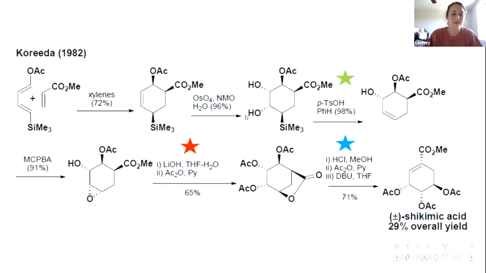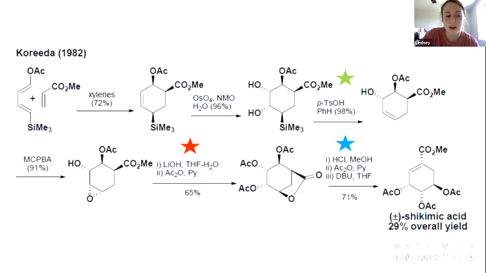Yeah, so the next step is just forming an epoxide with MCPBA, which we learned about in Orgo 1. And then the next step is kind of funky. It's when you form the bridge. What happens is the base, LiOH, deprotonates the carboxylic acid in the Me, and then the oxygen anion of the carboxylic acid attacks this carbon.